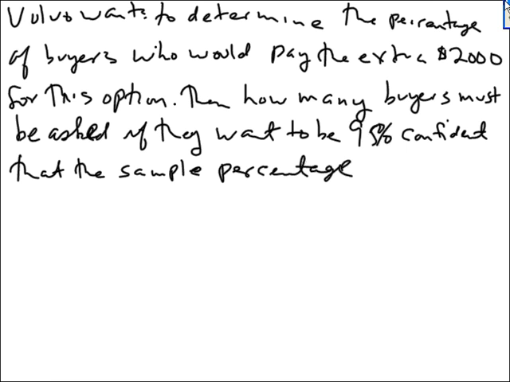Hey, or 25%, that's 1 in 4, 1 in 5. The people would want to pay an extra $2,000 for the car. Of course they're going to jump at that opportunity. But you want to make sure that your survey is good. In other words, you ask 5 people, and 4 out of 5 say, yes, I want it.